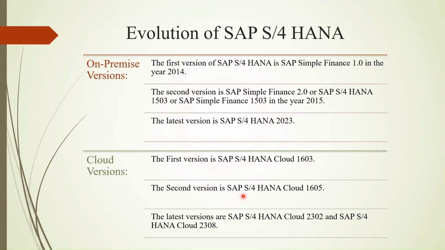And the second version is SAP S4 HANA Cloud, which was released in the year 2016 in the month of May. And the latest versions are SAP S4 HANA Cloud, which were released in the year 2023 in the month of February, and also in the month of August. We will see more about the versions in the upcoming videos.